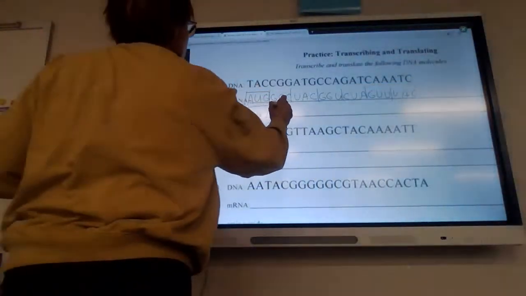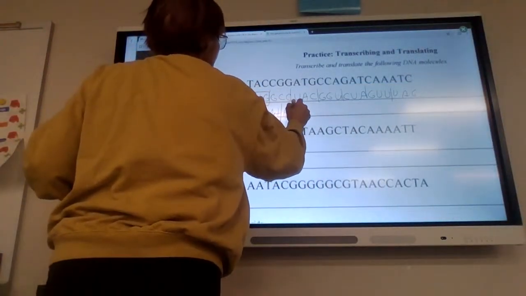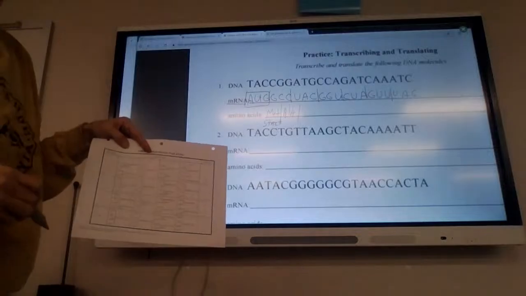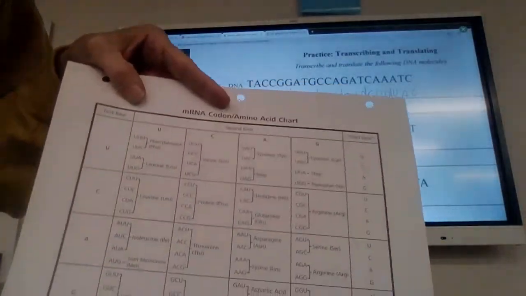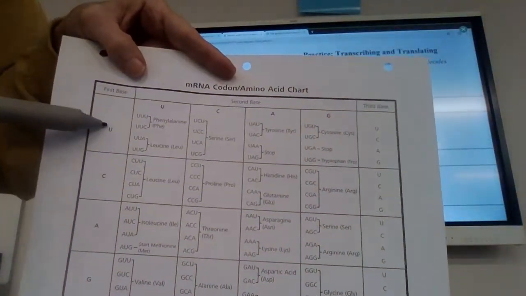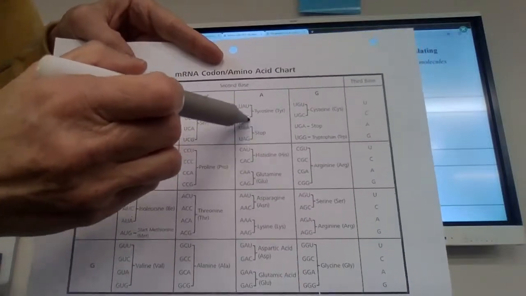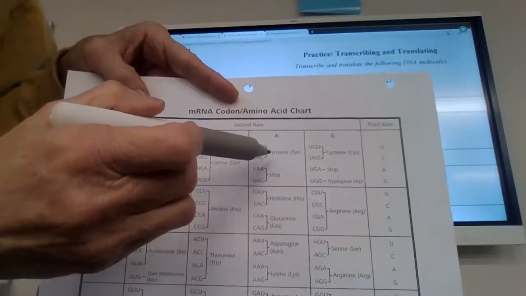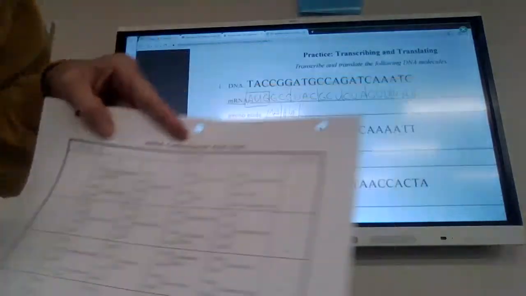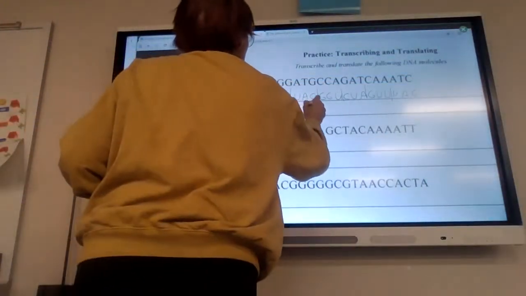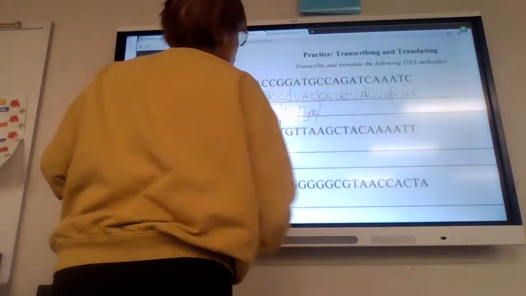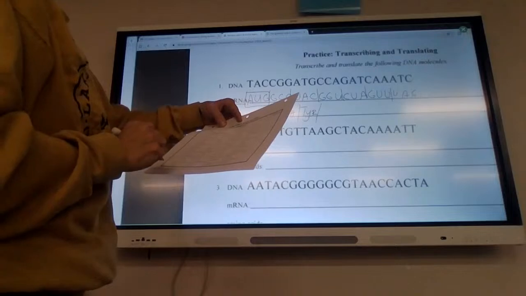So I'm going to put ALA. My next one is UAC. I find U, then A, then C, and that codes for tyrosine, TYR. You keep doing this.